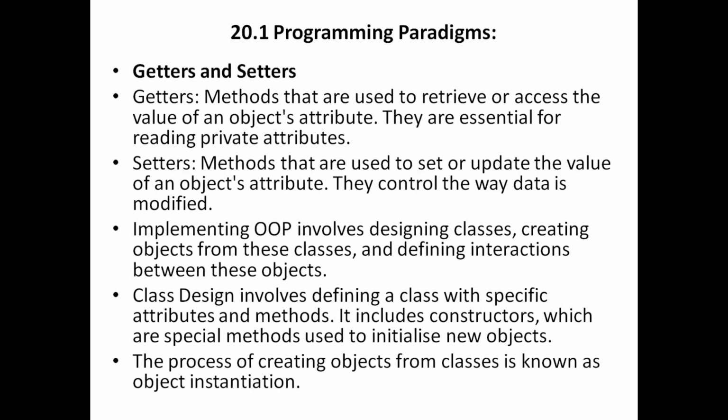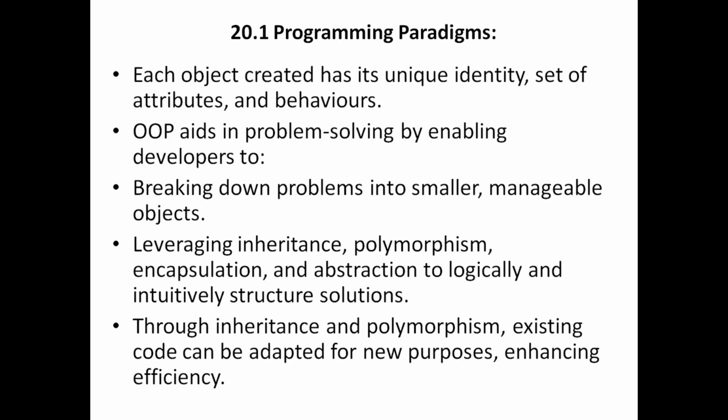We always run a constructor operation or a constructor function or a constructor method in order to make an object from that class. The process of creating objects from classes is known as object instantiation. Each object created has its unique identity, its unique set of attributes and behavior.